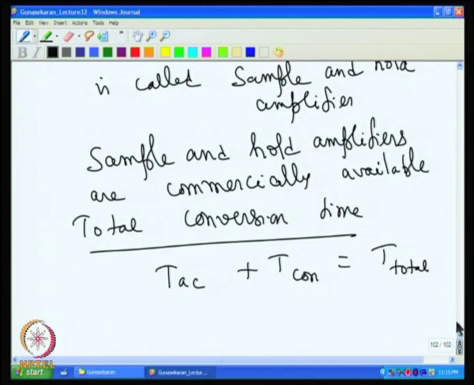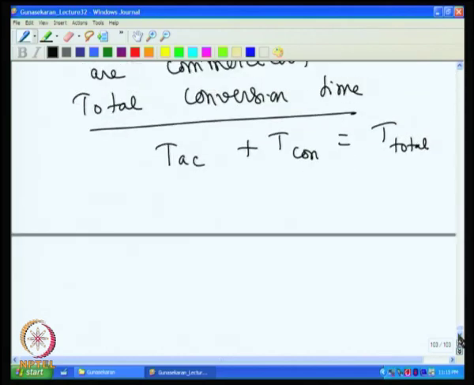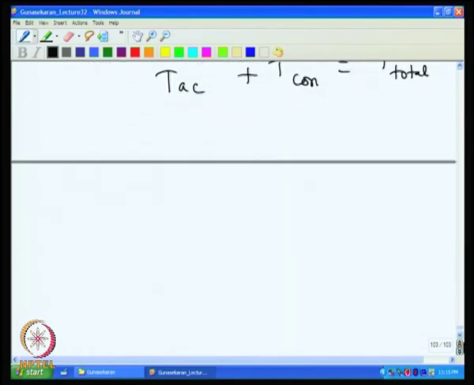Nevertheless, one can do the conversion without sample and hold, provided we are sure that the input is not going to change more than half LSB during the conversion.